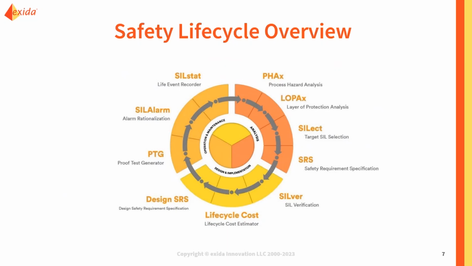Once you meet that target frequency, you're going to be able to say which of those IPLs are safety instrumented functions. Those are automatically going to show up in your SIL selection tool, where you can determine the target SIL or the target risk reduction factor. With exSILentia, this can be done based off of your LOPA results. You could also do it with risk matrix or risk graph.